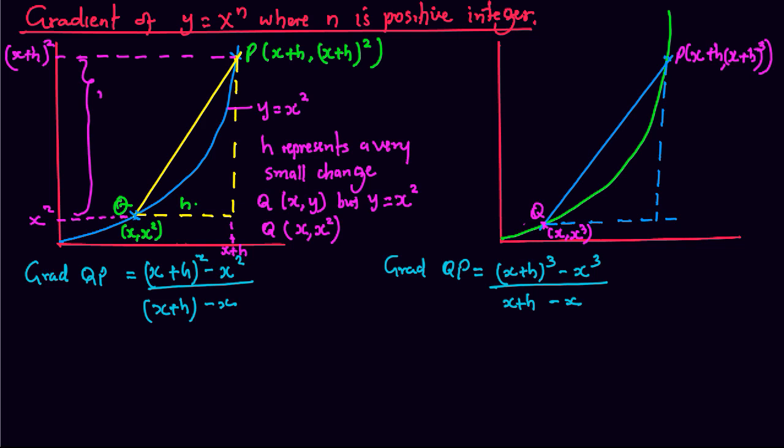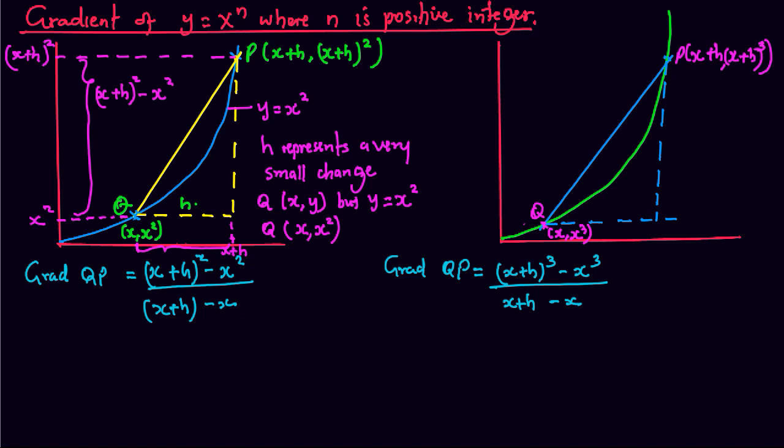It will be x plus h squared minus x squared, while change in x is given by x plus h minus x, which is equivalent to h.